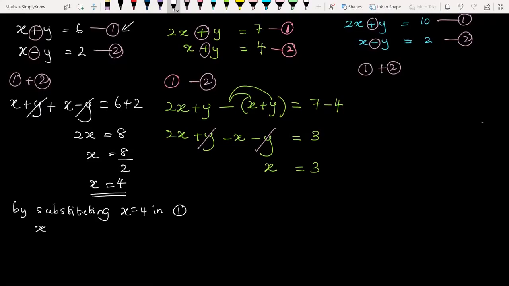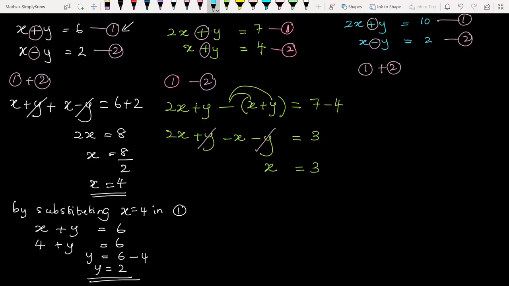So what is our equation 1? X plus y equals 6. So when I substitute 4 to x, 4 plus y equals 6. So y equals 6 minus 4, y is 2. So x is 4 and y is 2.